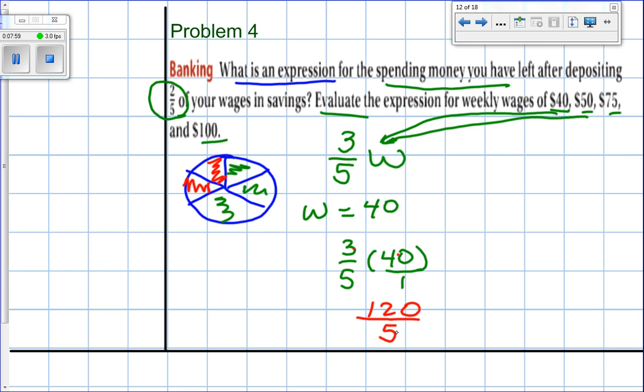Now that's a great answer, except not very many people say, hey, how much money do you have? Oh, I've got about 120 fifths. So you have to reduce this number so it's actually a reasonable answer for the problem. 120 divided by 5 ends up being $24.